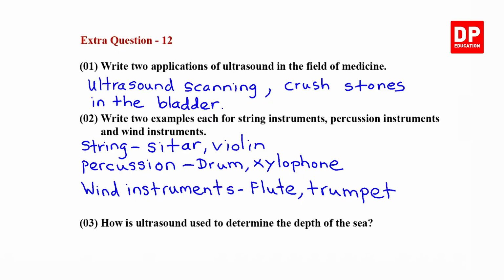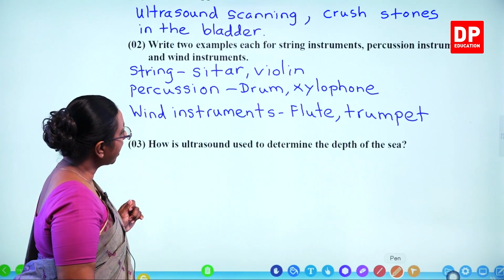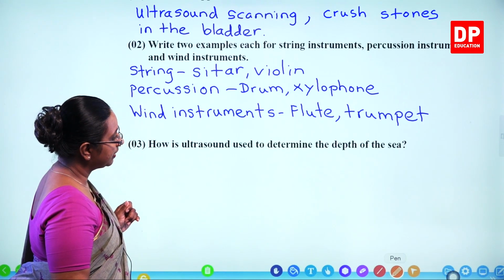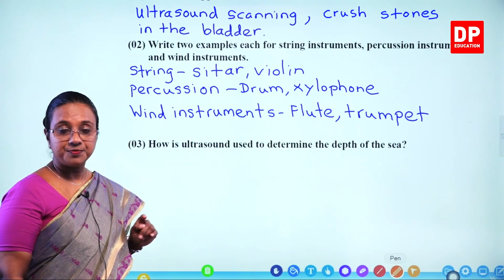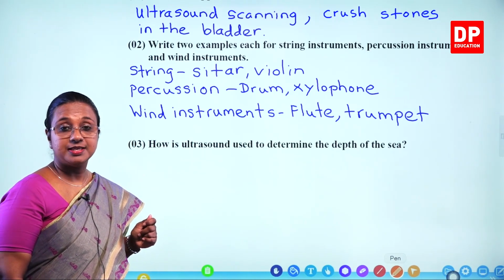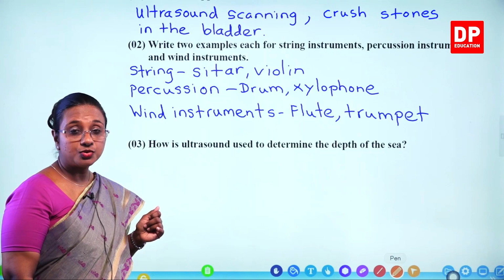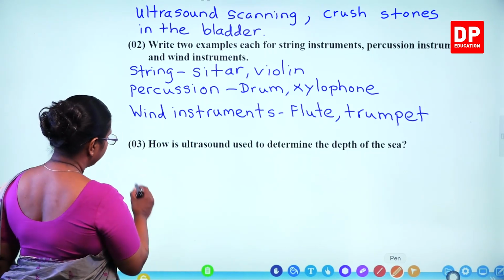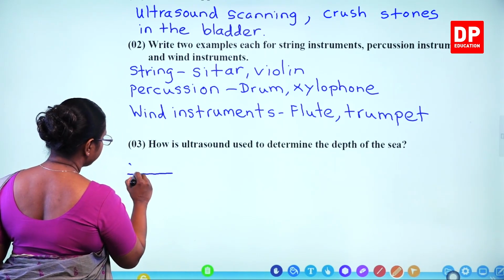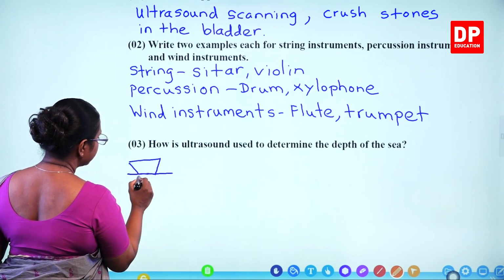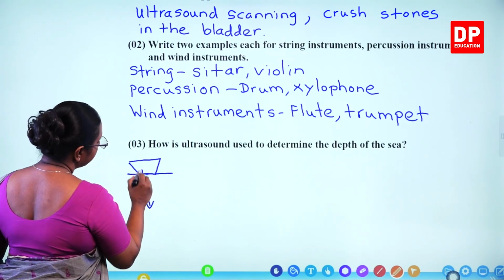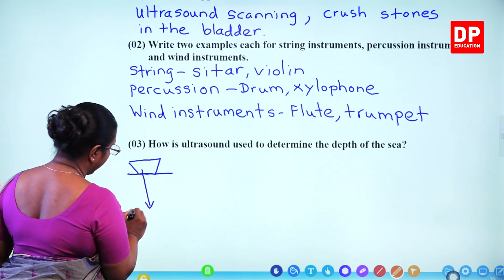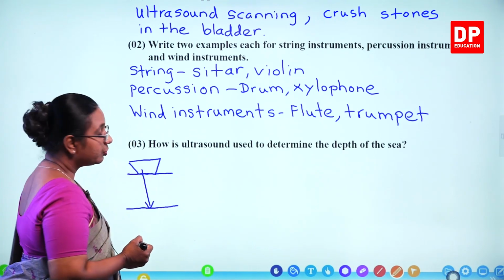The next question. How is ultrasound used to determine the depth of the sea? You know the procedure. It's called the sonar detection. So here you have the surface of water, the ship is here, a sound ray is produced from the ship and sent into water.